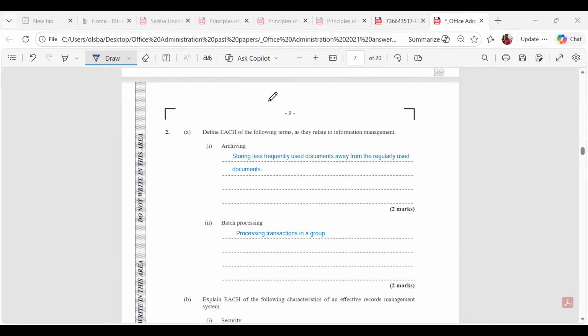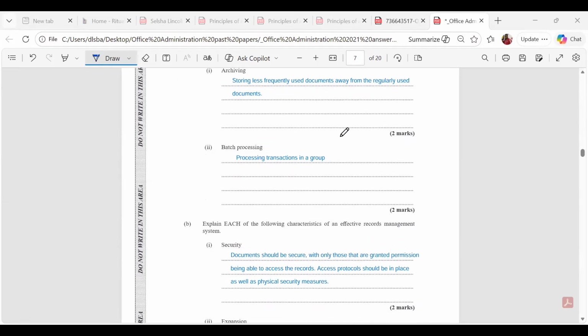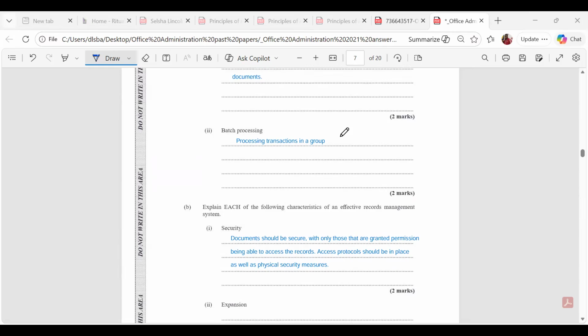In storing files, like when you have to put passwords and stuff. Right. You put things in place to protect the files, so you have to make sure that it's secure, so only people who are supposed to have access to it can access it. What about expansion?